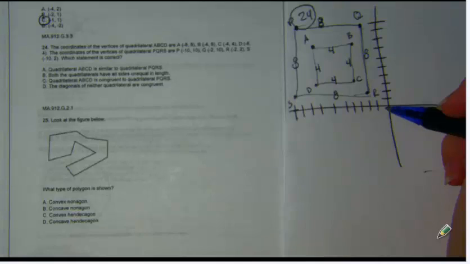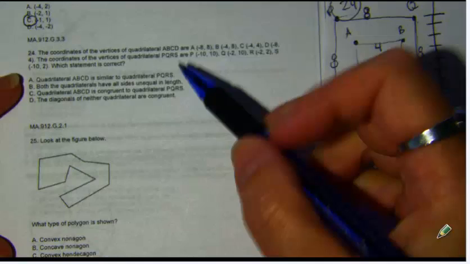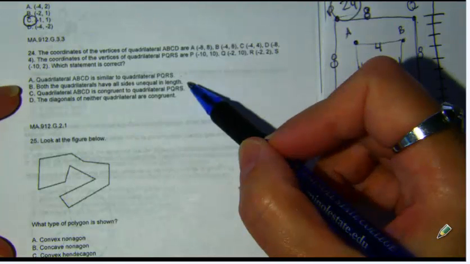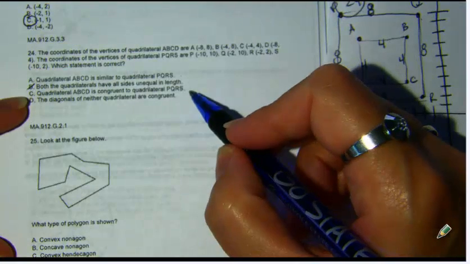So then when I look at my answer choices, I've got similar, I've got unequal sides. Well, that's not true. They're not congruent because one's 4 and one's 8. Congruent would mean they were the exact same size.